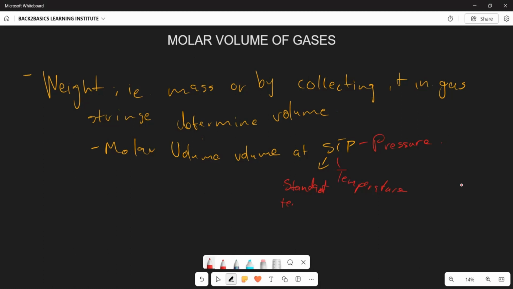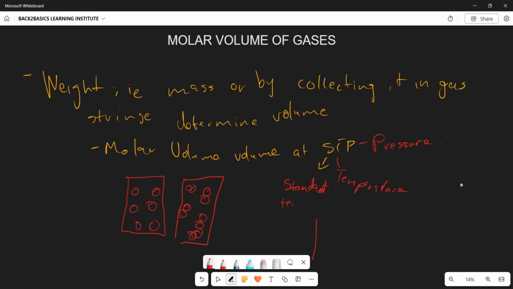Now, for example, let's say you have different gases that have the same volume. If this is your beaker, you have these as your molecules or atoms.